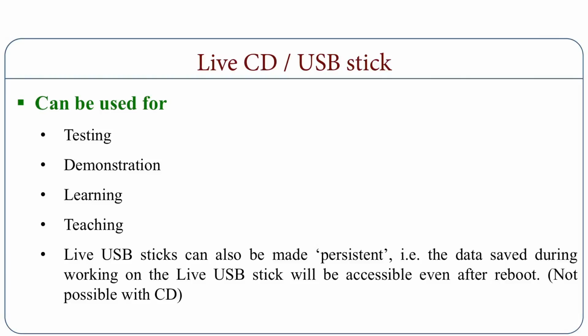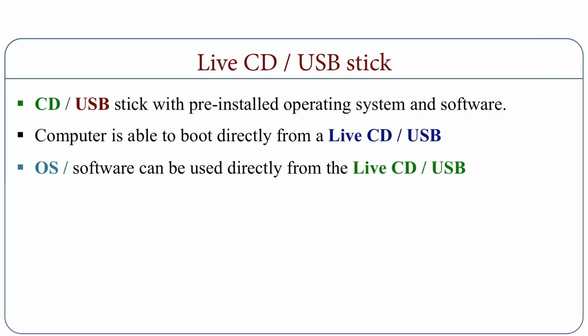Live USB sticks, unlike the CDs, can be made persistent. Persistent means you can make a pre-installed live USB, plus you can even store the data when you are working through the live USB.